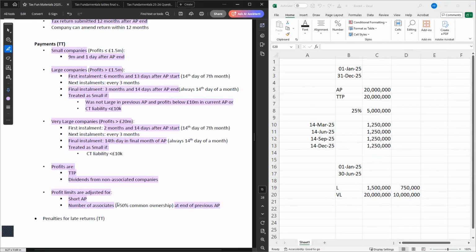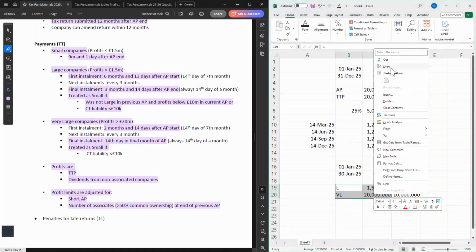Similarly, the profit limits are also adjusted for the number of associates at the end of the previous accounting period. So this is where you've got more than 50% common ownership. So if we have a company that is associated with 4 other companies, so therefore we have 5 associated companies, and that's by looking at the end of the last accounting period. And let's assume here we're back to the full 12 months. Then we would need to divide these limits by 5.